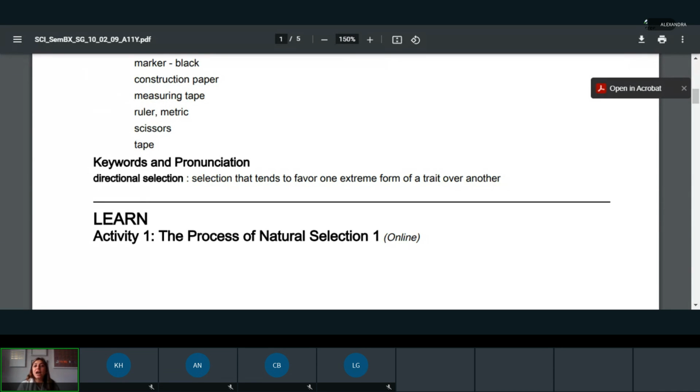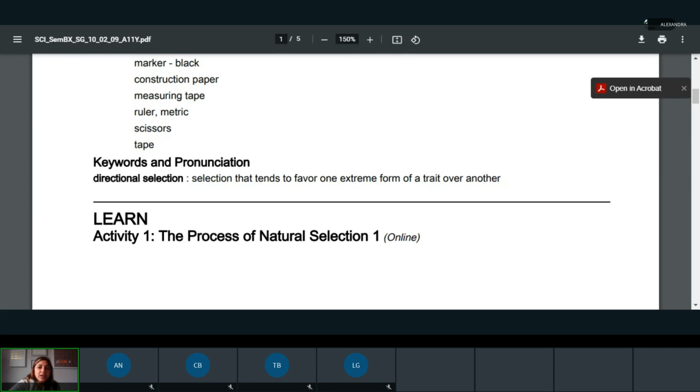Sometimes it's better for an organism to have a longer neck, if you're a giraffe, so you can reach higher trees if there are no more trees that are lower to the ground, right? And so remember that you're going to be learning about this in the next units this week. We're going to be talking about that. More specifically, in this lesson, we're going to see how the environment impacts the changes or natural selection, the traits that are going to live on and go into the next generation.